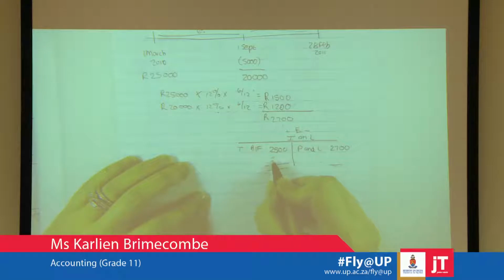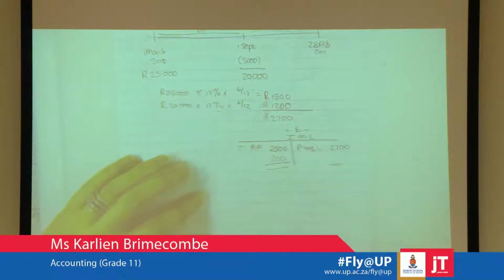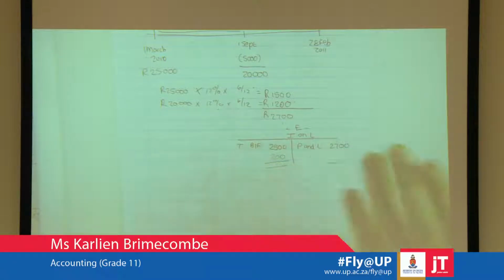Which means that is still outstanding. But for the purpose of this exam question, do I care about that 200 if it's accrued expense or is it added to the loan account? Okay, I don't care. They haven't asked me to complete the balance sheet. What you've done is actually, you could immediately have taken that 2,700 to your income statement, because that's your interest that's supposed to be for this year, 2,700. So now in brackets you would have a calculation, 2,500 plus 200.